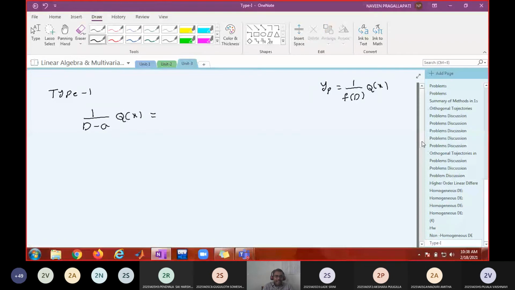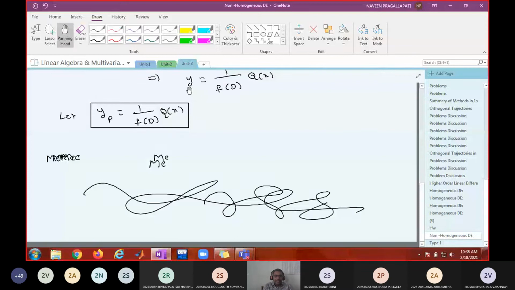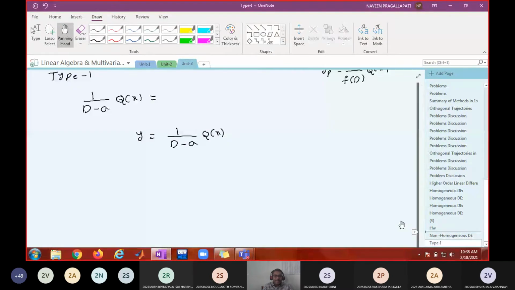So don't write, just listen. What is this 1 by D minus a into Q of x? This is basically y. Y equal to 1 by D minus a into Q of x. Am I right? So go back in a reverse way. What is the actual differential equation?